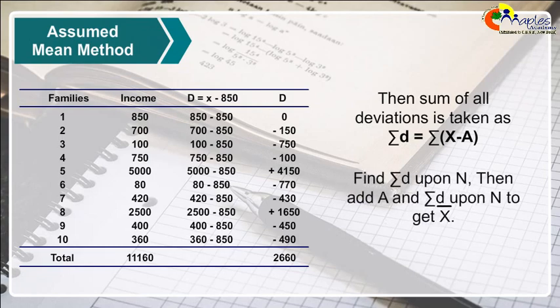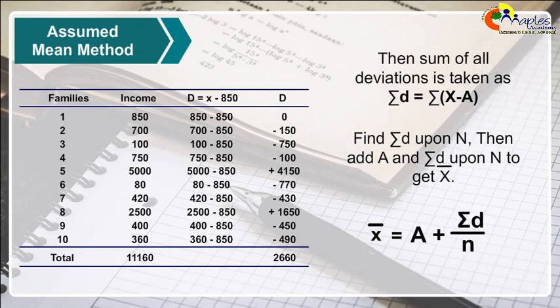Find Σd/n, then add A and Σd/n to get x bar. Therefore, x bar = A + Σd/n.